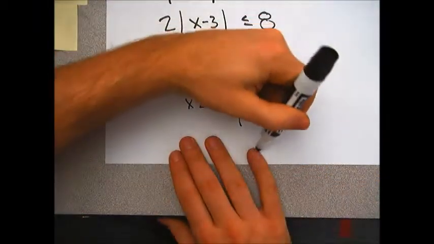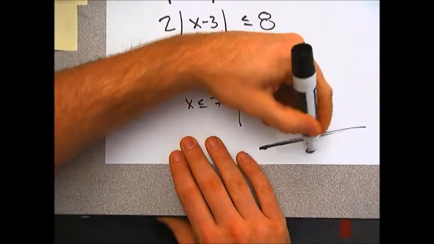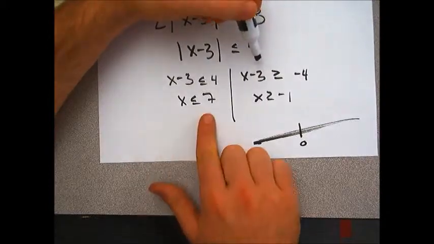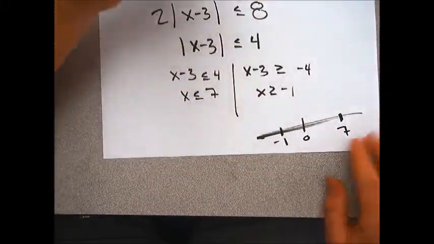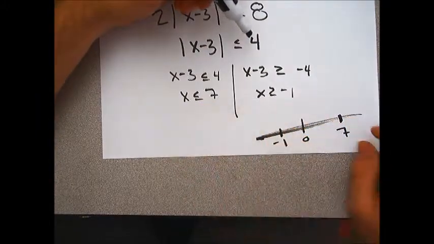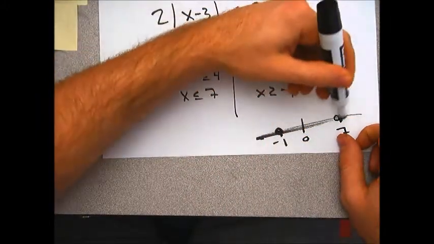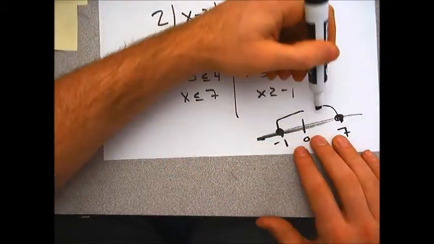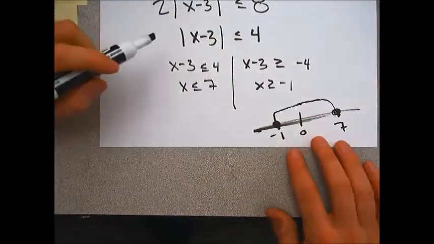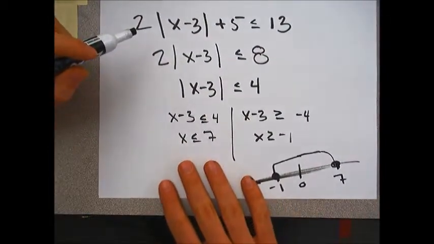If you wanted to put this on a number line, say here's 0. What else are we looking for? We have a 7 and a negative 1. It's or equal to, so it's a closed dot on each of these. And where are we going? Greater than or equal to negative 1 and less than or equal to 7, and there would be the graph to your problem.